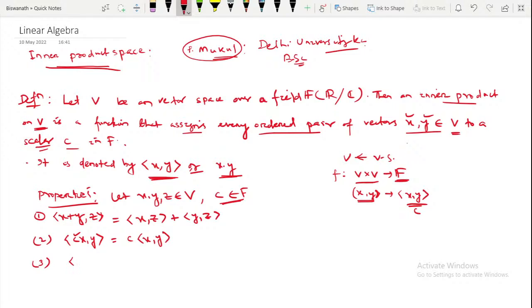Then the third property: the conjugate of the inner product of x comma y, the bar of it, is your y comma x, where the bar denotes complex conjugation.